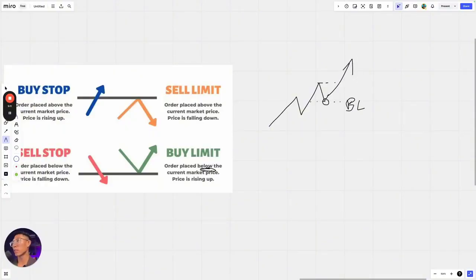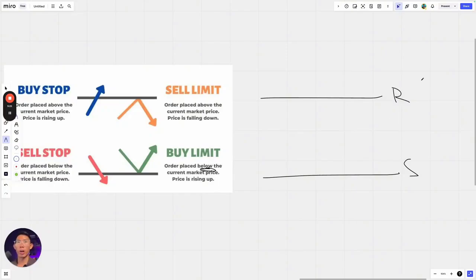Now, on the other hand, let's switch to, maybe not even a downtrend, let's just use another example of a consolidation. There's a resistance area right here, and a support area right here, or whatever you want to call supply zone or demand zone. Let's say price comes down to this area, showing a lot of selling momentum, a lot of liquidity.